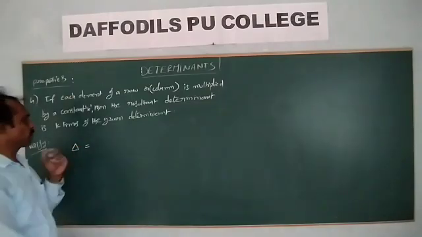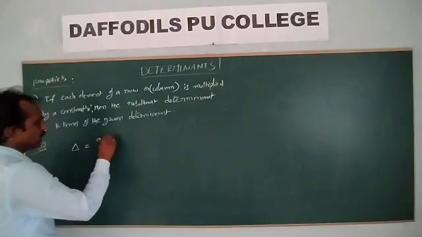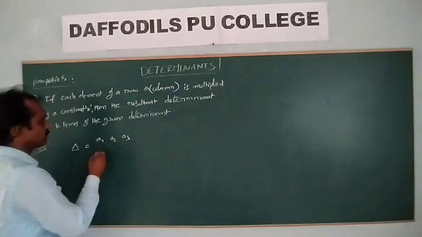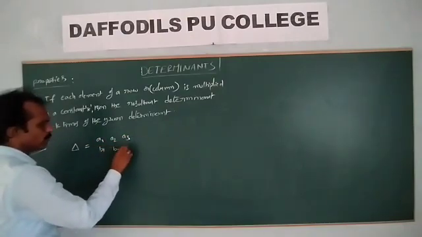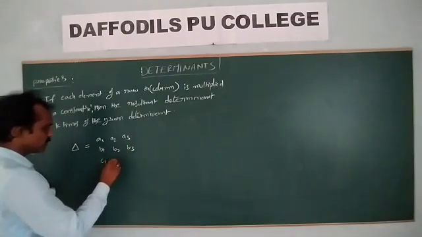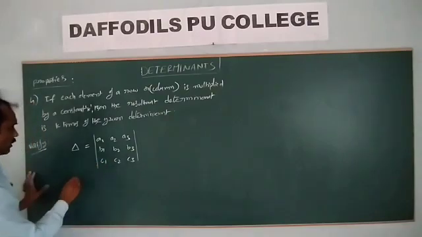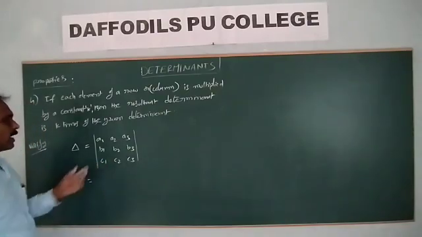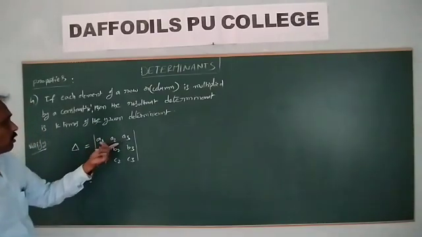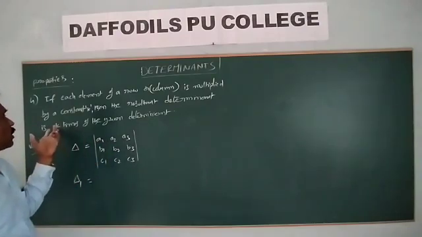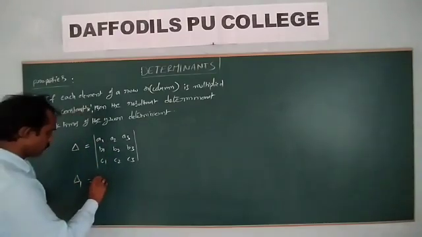Let it be, first of all, take A1, A2, A3, B1, B2, B3, C1, C2, C3. Delta 1: I will multiply the first row by the constant k.